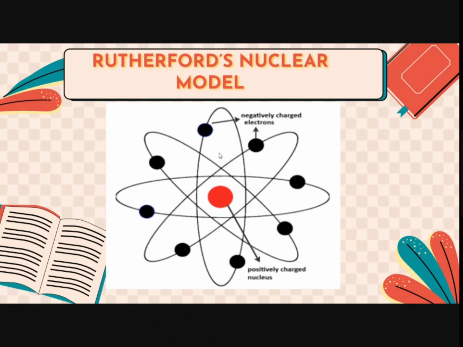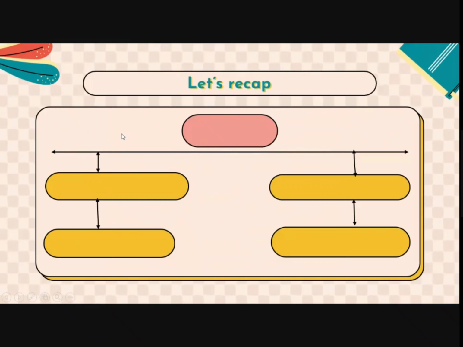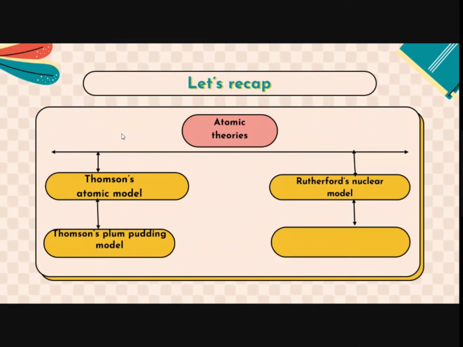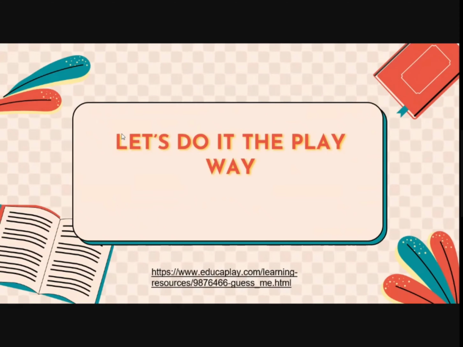So that was about Rutherford's nuclear model. Now let's do a quick recap of both the theories that we've learned today. The first one was Thomson's atomic model, the plum pudding model, the electroneutrality principle. The next is Rutherford's nuclear model, which was through the Rutherford scattering experiment.